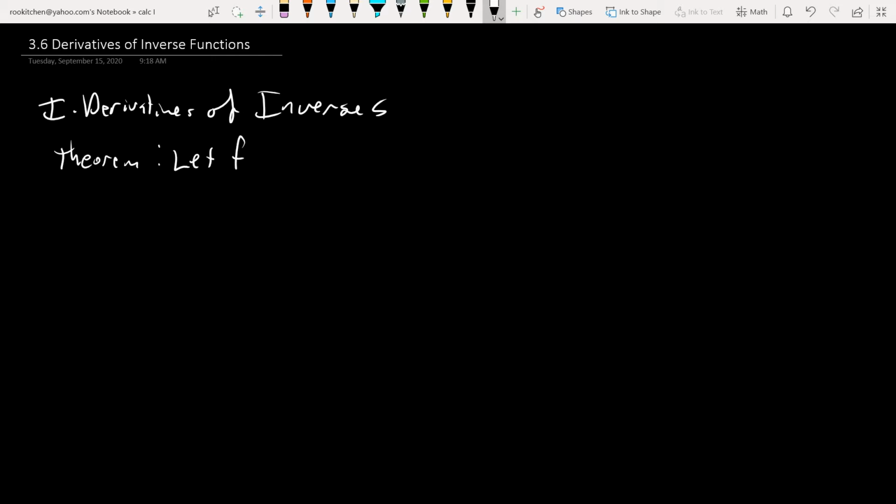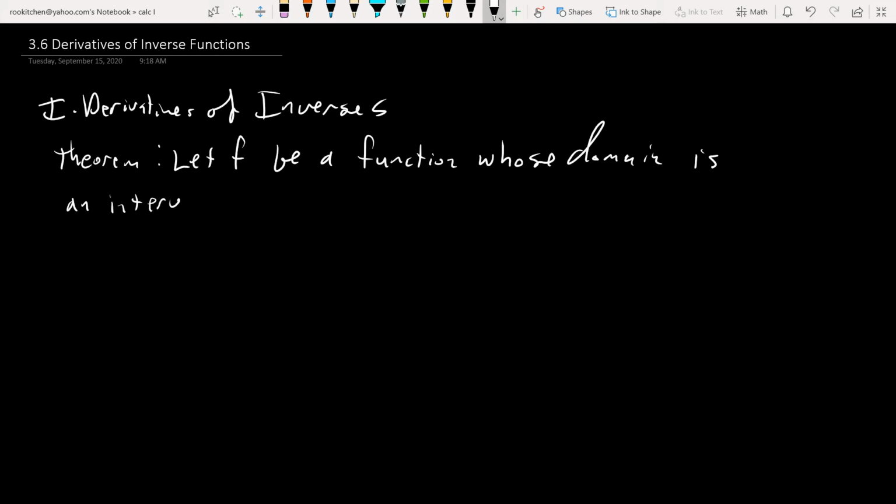Let f be a function whose domain is an interval, we'll say I. If f has an inverse, then the following are true.